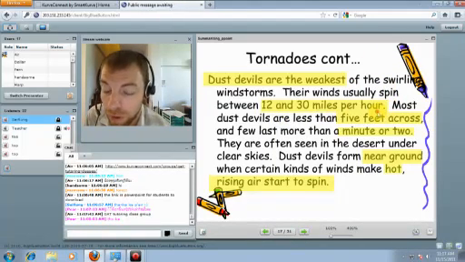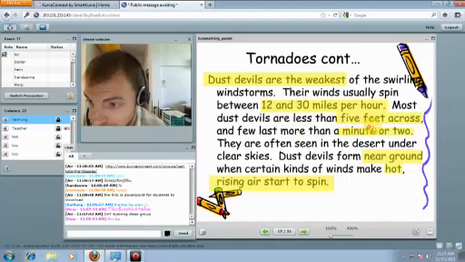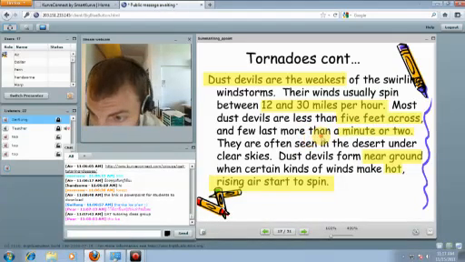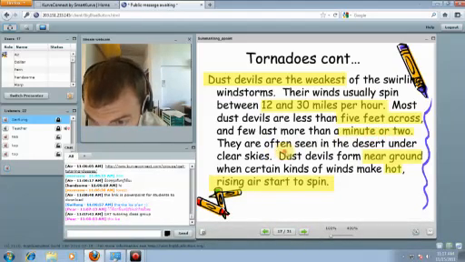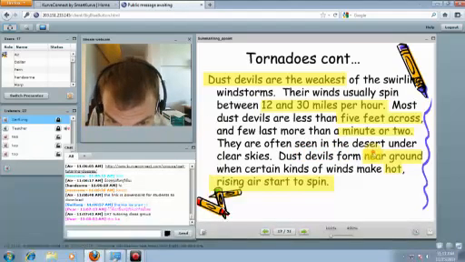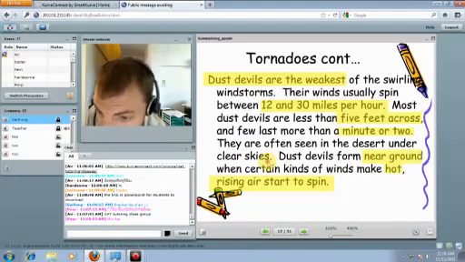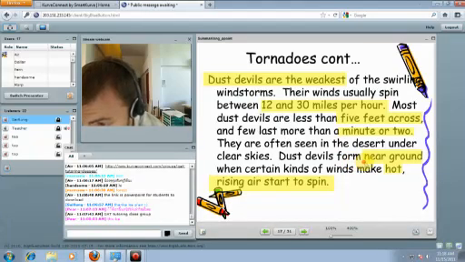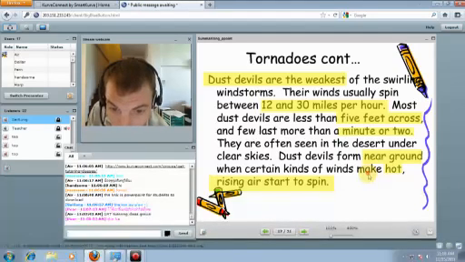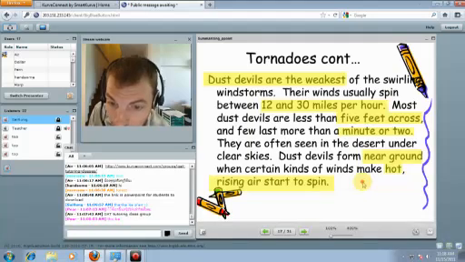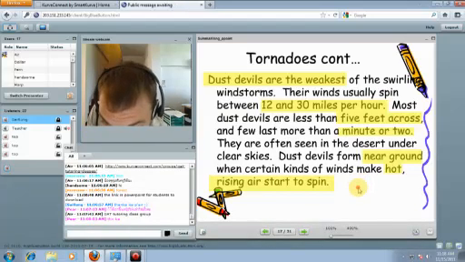The yellow will help us remember the important things. They are often seen in the desert under clear skies. Dust devils form near ground when certain kinds of winds make hot, rising air start to spin.